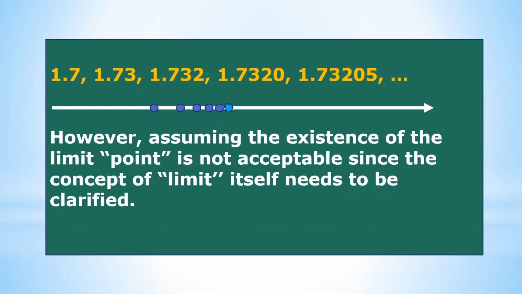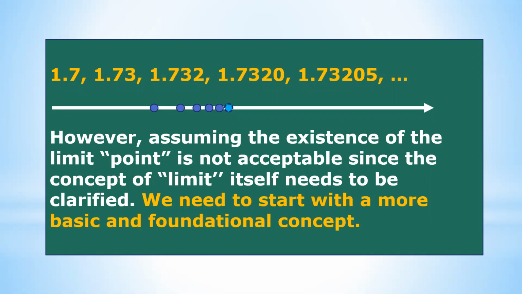This is something we need to assume in order to develop the real number theory. However, there's an issue: you cannot use the concept of limit yet because the limit itself needs to be defined. So we have to start with a more basic, more fundamental concept in order to develop the limit concept.